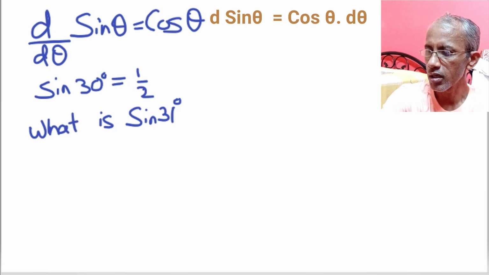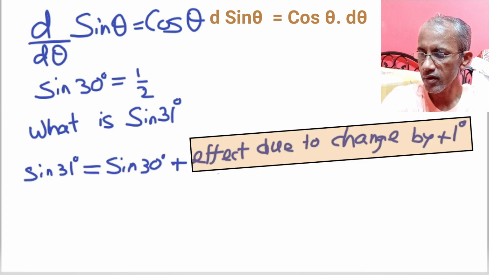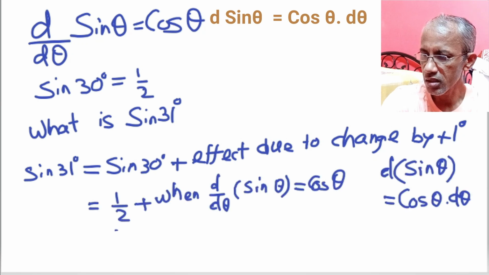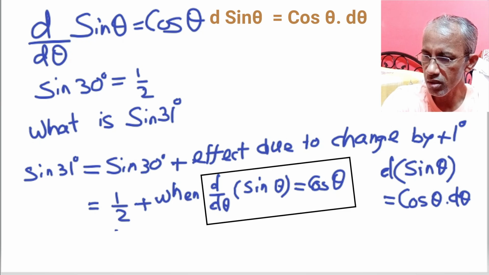So we have to take into consideration the effect of change in the angle by a small amount and add to the present value. That means sine 31 degree will be equal to sine 30 degree plus the effect due to the changed angle, that is plus 1 degree. Sine 30 degree is equal to half. We know that the rate of change of sine theta is equal to cos theta.